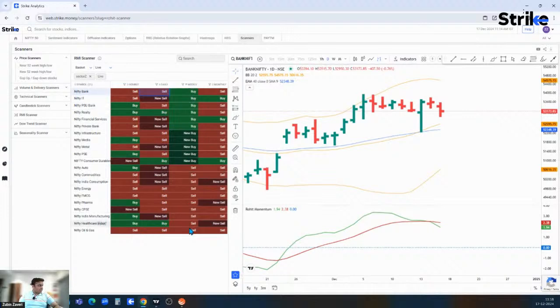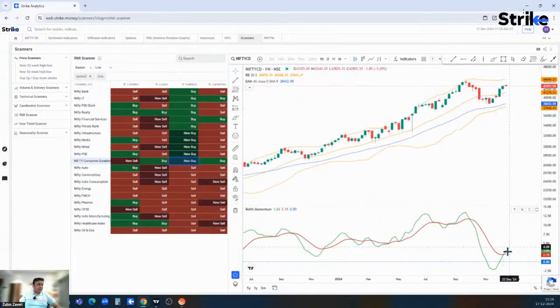Rest of the sectors on the weekly chart had their RMI in sell mode. Today, we can see at least around 50% of the indices are now in buy mode. So this is giving me some bullish idea that the sectors are performing. Initially all the sectors were in sell mode, now slowly one by one they are coming into buy mode. And this week consumer durable is in buy mode.